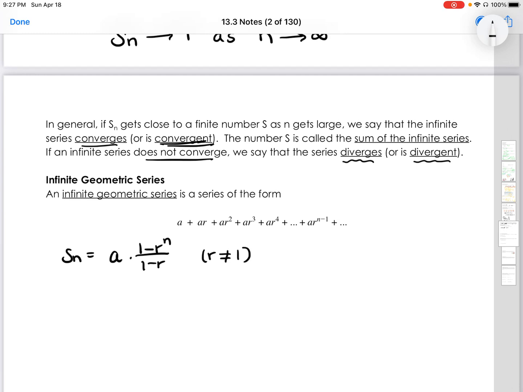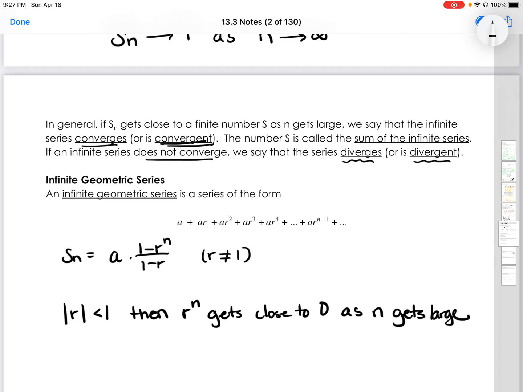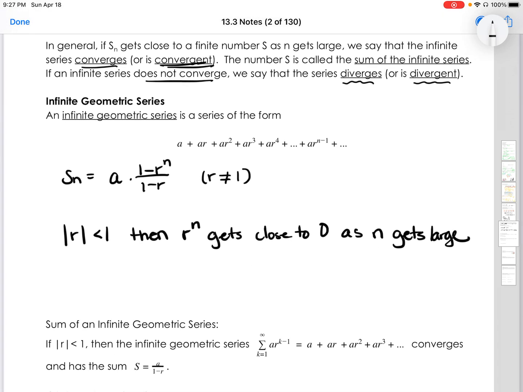It's shown that if the absolute value of r is less than 1, then r to the nth power gets close to 0 as n gets large. So S of n is approaching a over 1 minus r as n approaches infinity.